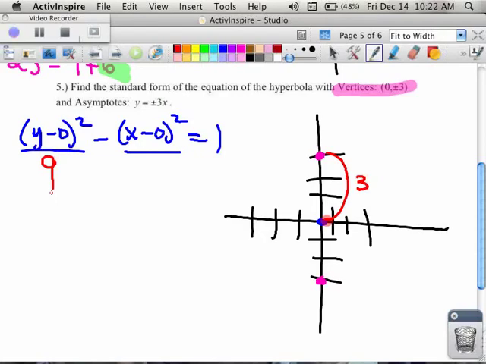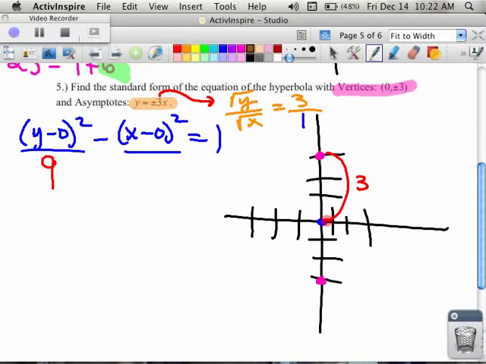So notice how they talk about this asymptote stuff. I know that the asymptotes, when I talk about them, is the square root of the y thing over the square root of the x thing. I already know what the y number is. What was the y number? 9. So the square root of 9 is 3. But there's got to be something on the bottom. And they told me the slope was 3, which means it's 3 over 1.